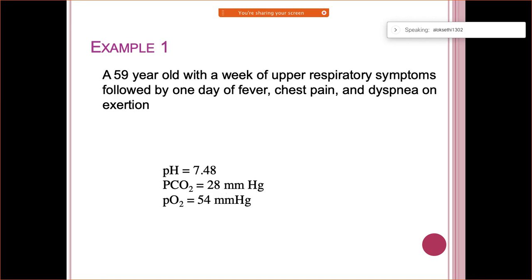So, how much is the normal value? Oh my gosh, 35 to 45. Yes, exactly. So, is PCO2 lower or higher? Lower. Everyone agrees? Wonderful. And the PO2 over here? Lower.